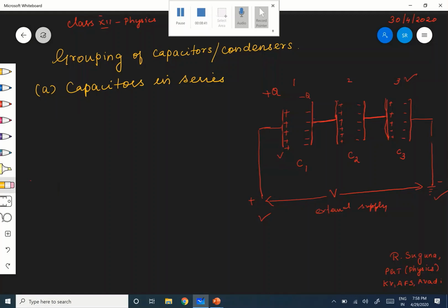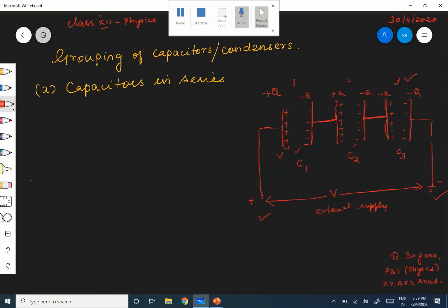Now, this is plus q, minus q here, also plus q, minus q, and here also plus q, minus q. Therefore, when the capacitors are connected in series, the charge stored on each plate of each capacitor is the same.